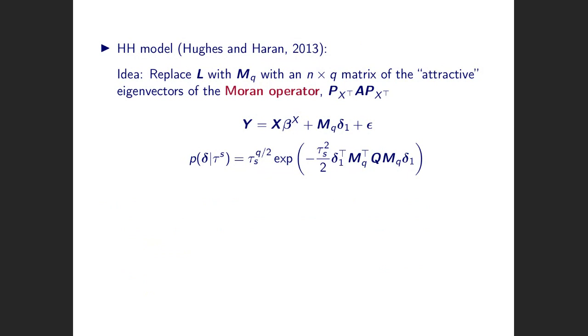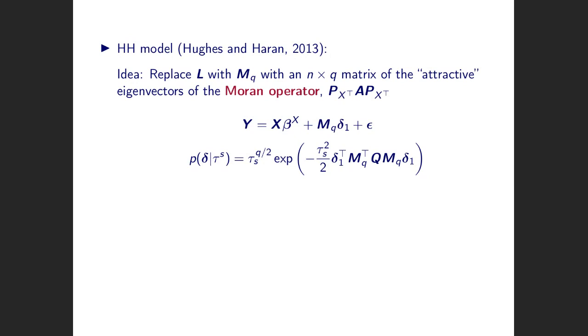And MQ is an n by q matrix of the attractive eigenvectors, so the eigenvectors associated with non-zero eigenvalues of the Moran's operator, which is defined as this.